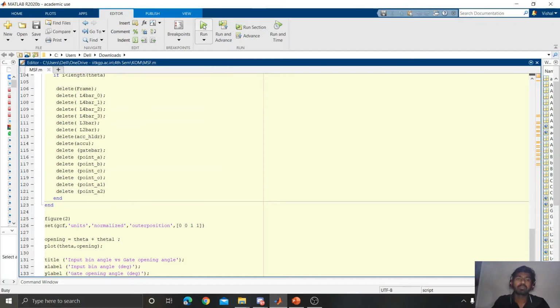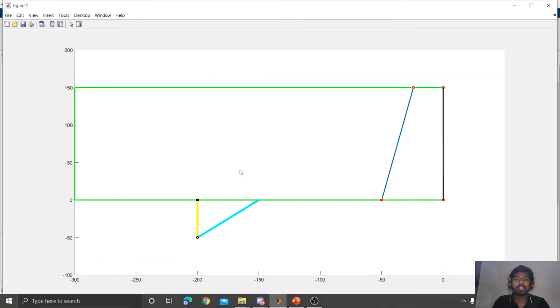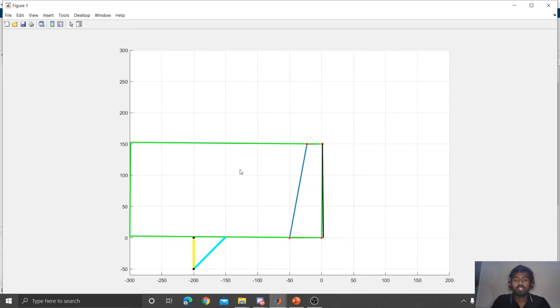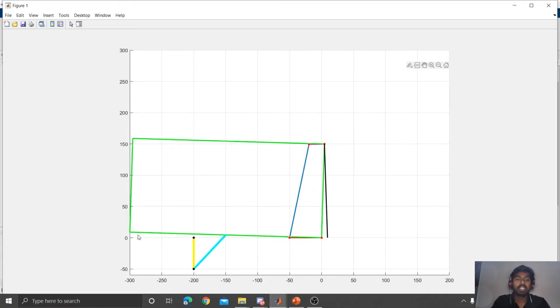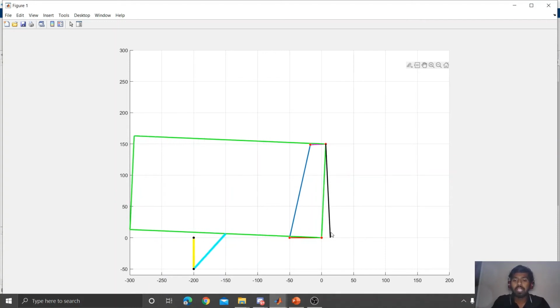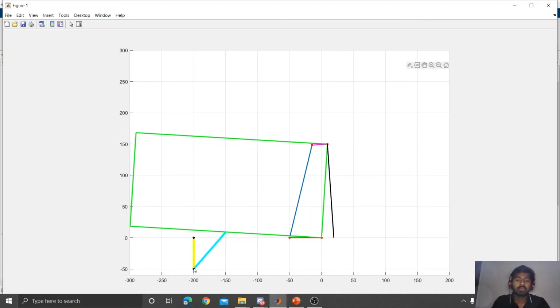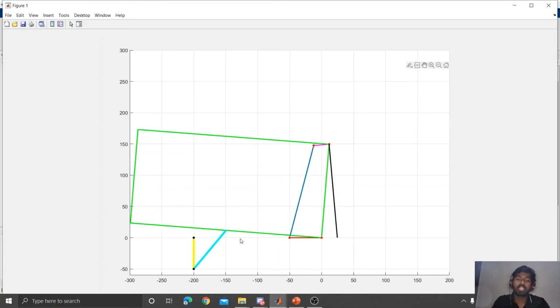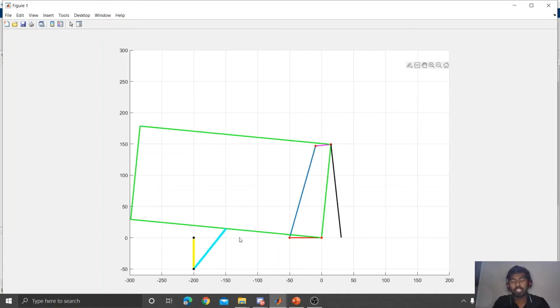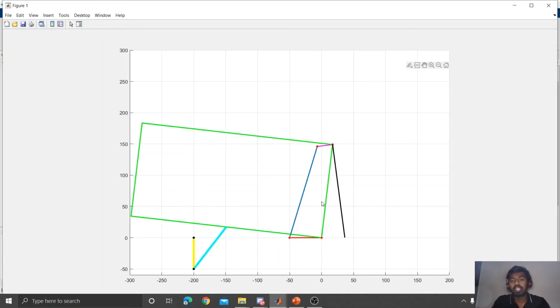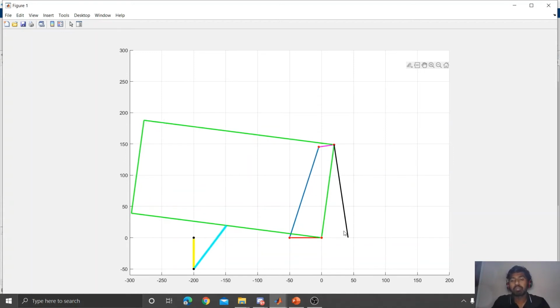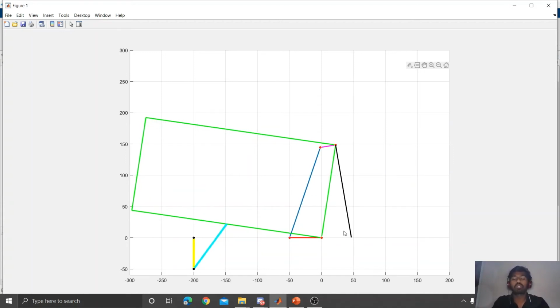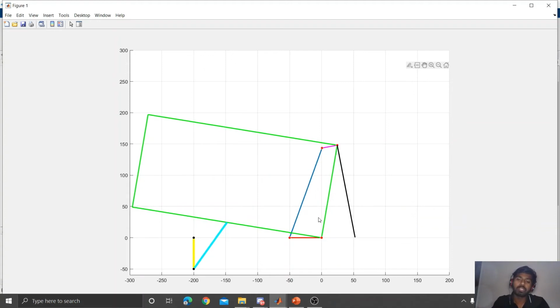Now we will run the code. Let's see what happens. Here you can see that the green box is our truck bin, and the black line is the gate angle, and the fluorescent green is the actuator part basically. So our code is running smoothly. We took so many angles of theta to run it smoothly.